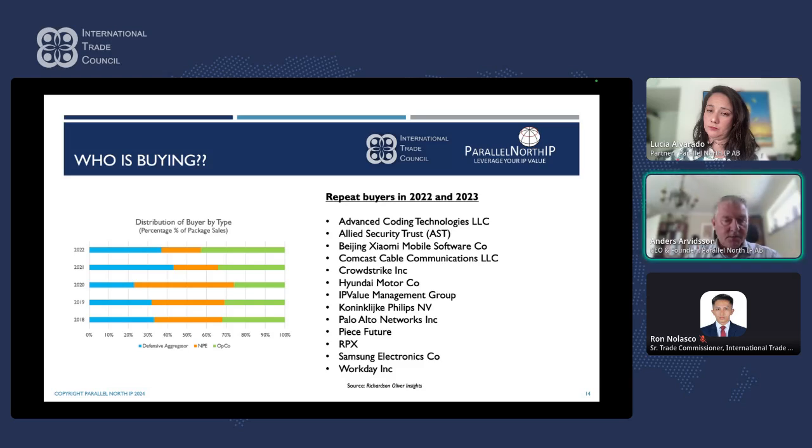Philips is another one that buys patents. Palo Alto Networks, Peace Future, RPX, Rational Patent Exchange, which is another defensive aggregator that buys patents but doesn't sell that much. Samsung and Workday as well.